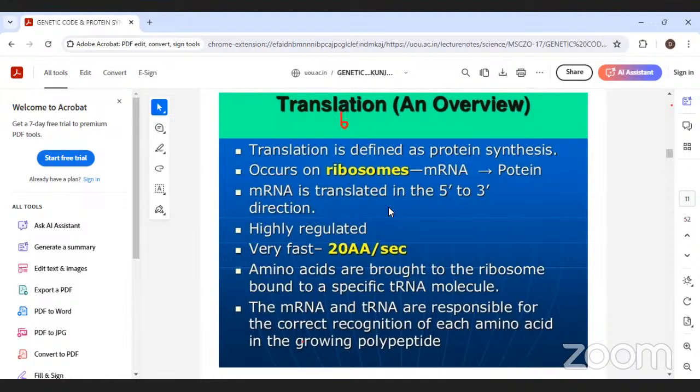this transfer reaction is also catalyzed by the same synthetase enzyme which catalyzes the reaction between amino acid and ATP.